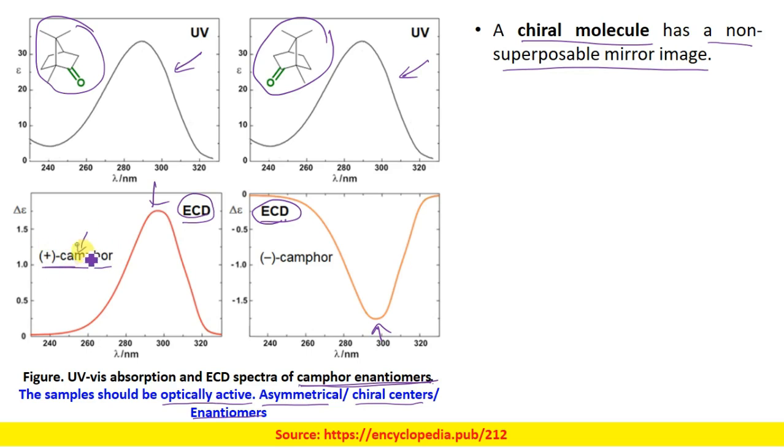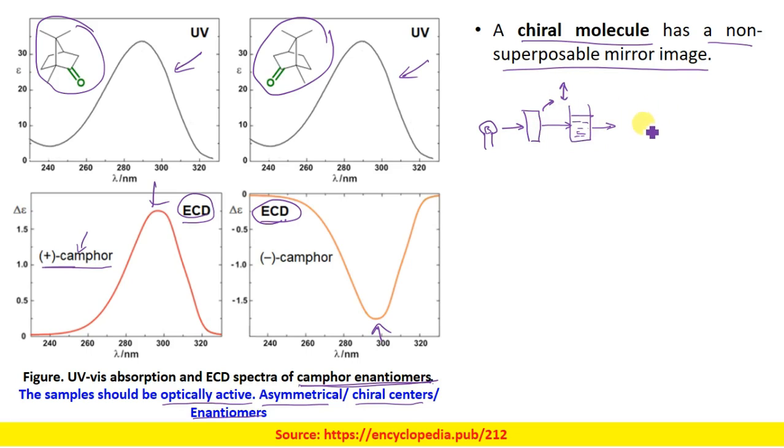This camphor is dextro-rotatory. That means, suppose we have a light source, then we allow it to pass through a plane polarizer. So we get light over here, and then we pass this through the sample. Suppose the light over here is in this direction.